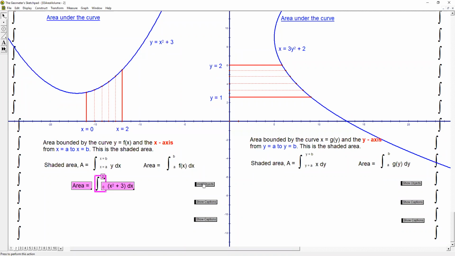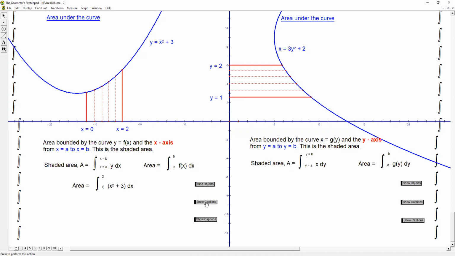How to apply? It becomes like that. Area equals the integral of f(x) dx. So now I have changed this f(x) to x squared plus 3 dx, and the limits are also x, from x equals 0 to x equals 2.